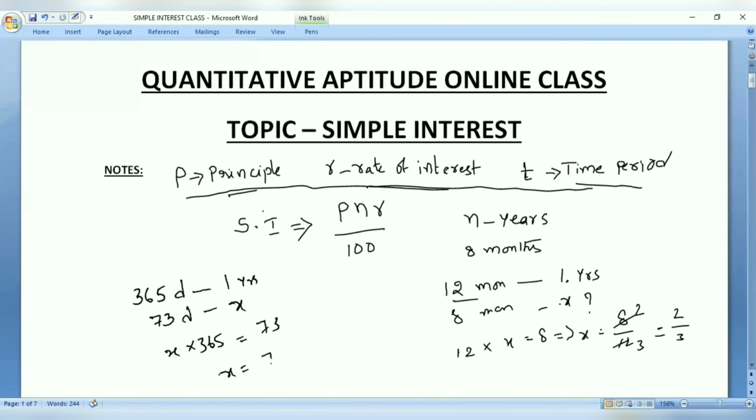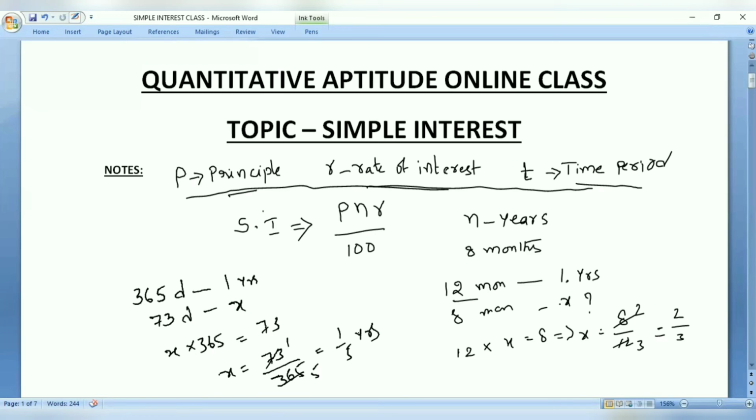So x is equal to 73 divided by 365. So 73 ones are 73, 73 fives are 365. So 1 by 5 years. This is how, when you are given some number of months or days, we convert them to the number of years.